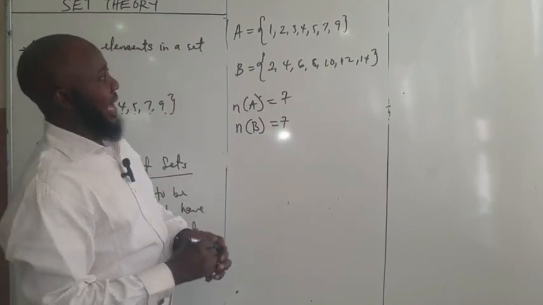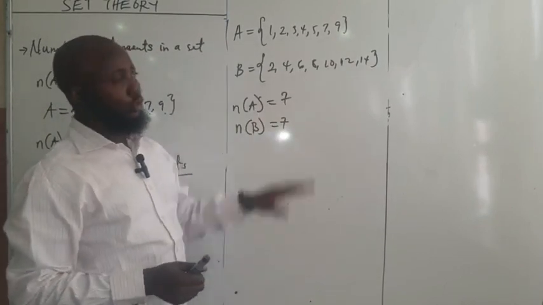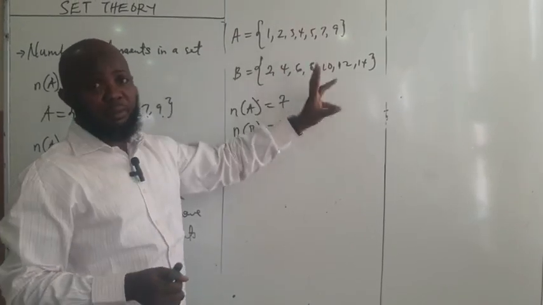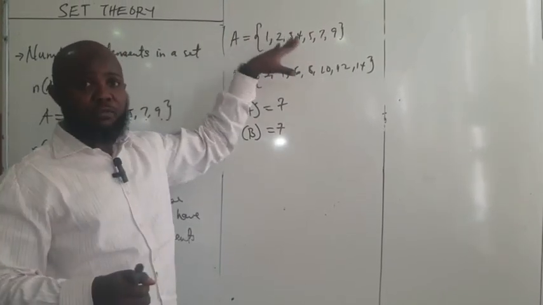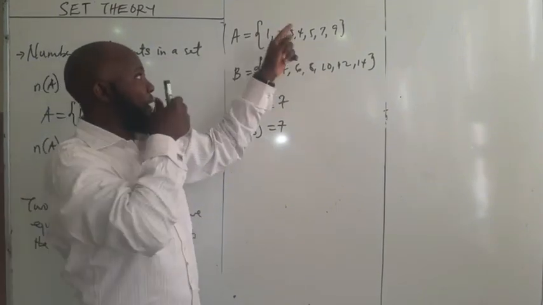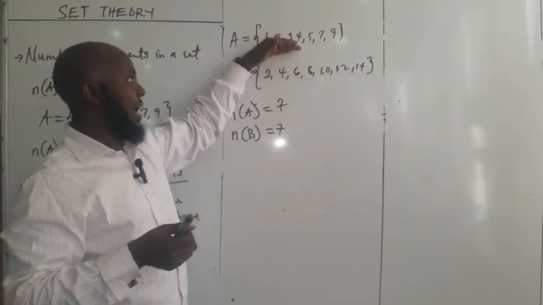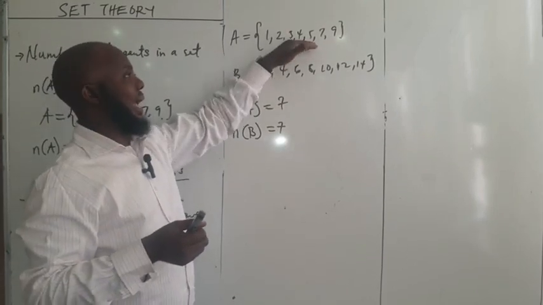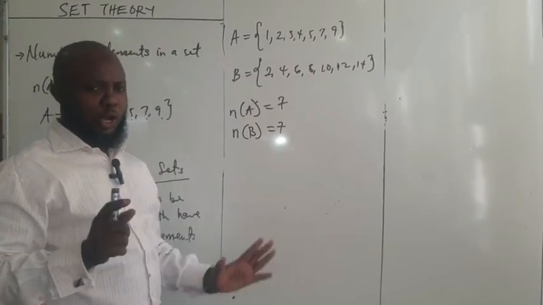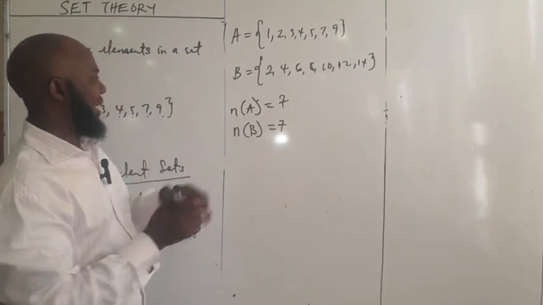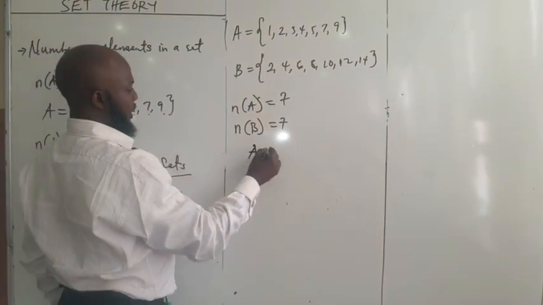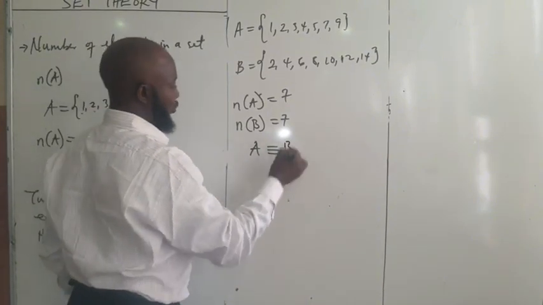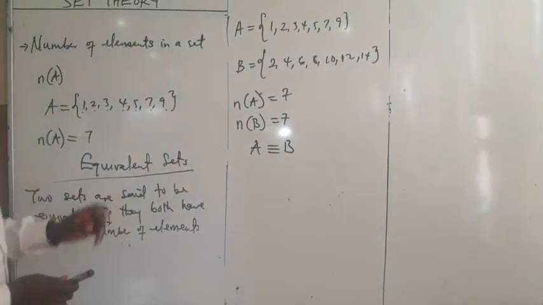But the elements we have there are not the same. We have some elements that are common to both of them, but they are not the same elements. We are saying that the number of elements in each set is the same, 7 here, 7 here, but we don't have the same elements. I hope I'm making sense. So this is what we call A is equivalent to B.